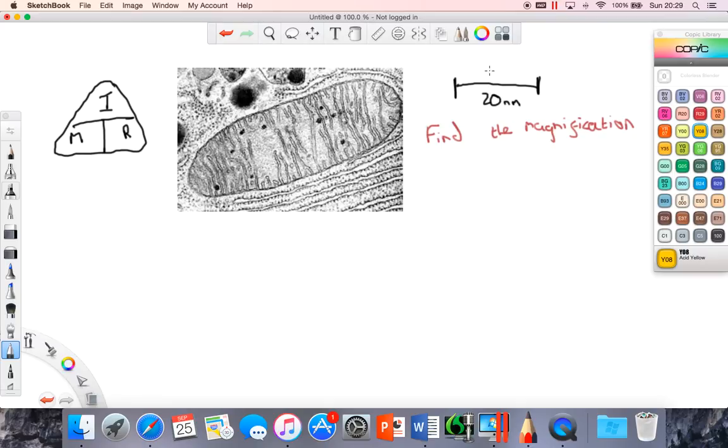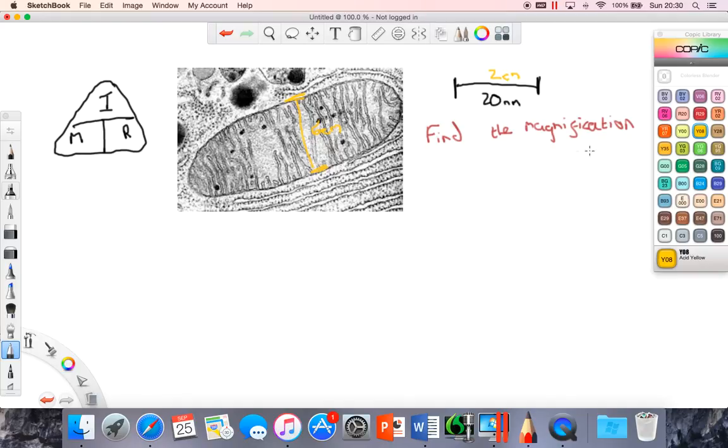Let's say that this time it is 2 centimeters in width. You measure from here to here, and you find that this is 6 centimeters. Therefore, you can conclude that the real size of this is 20 times 3, 60 nanometers.